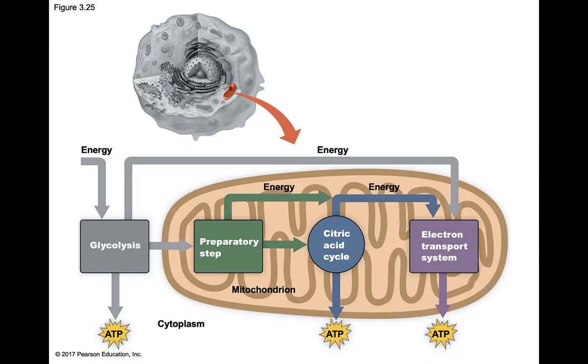Now here, this is a summary diagram, and what I want you to keep in mind here are a couple of things. One thing that you're going to see here is glycolysis and where it takes place, okay? So notice I have 3 pathways taking place within the mitochondria. I have the prep step, the citric acid cycle, and the electron transport system.